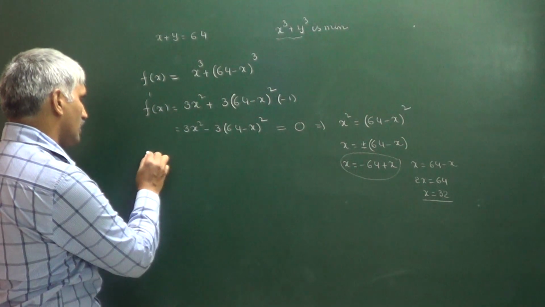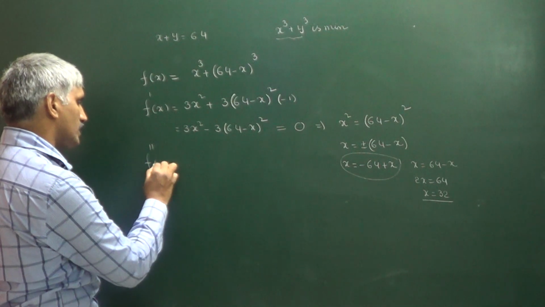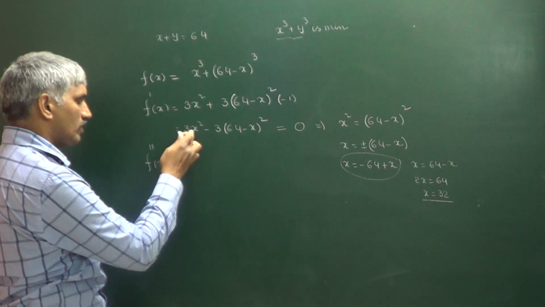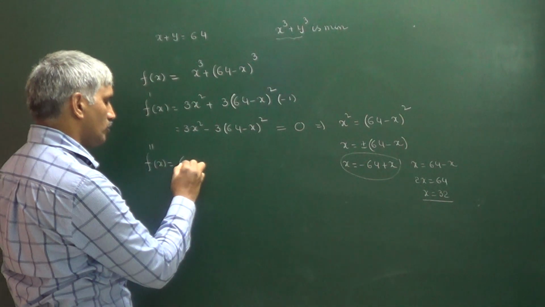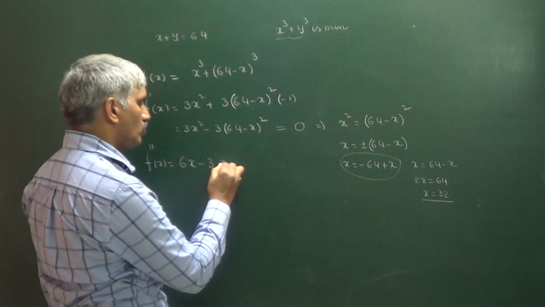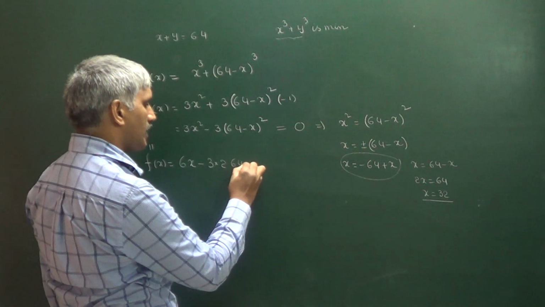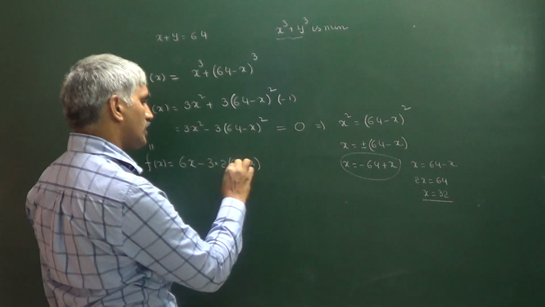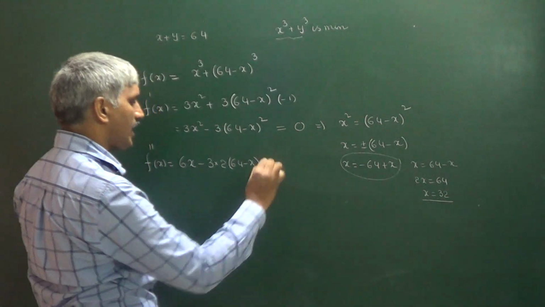Now find out the double differentiation. f double dash of x is equal to 6x minus 3 into 2 into (64 minus x) into inner function differentiation minus 1.